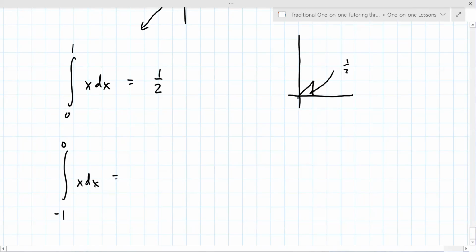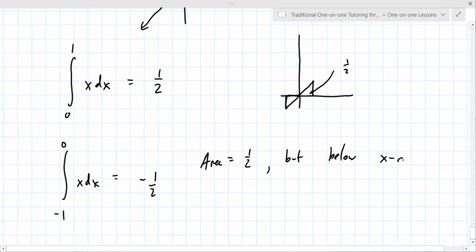Now this is different. See how it's now the area below the x-axis? So its value is -1/2, because the area is 1/2, but it's below the x-axis.